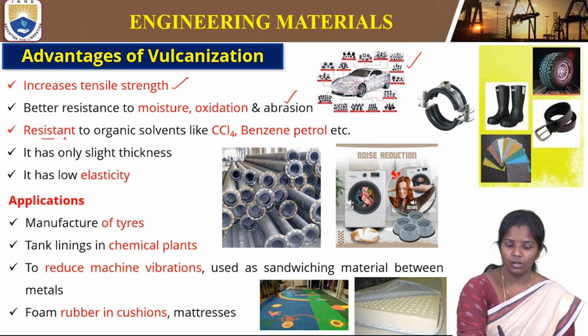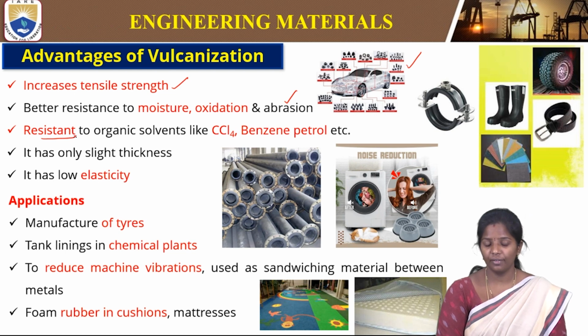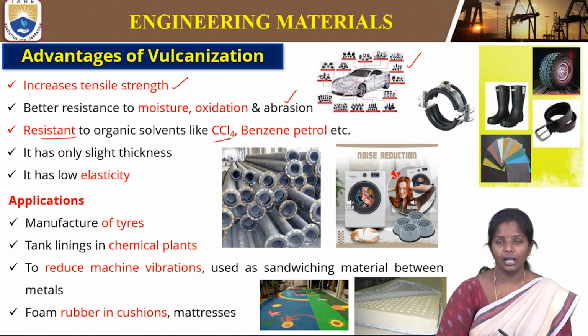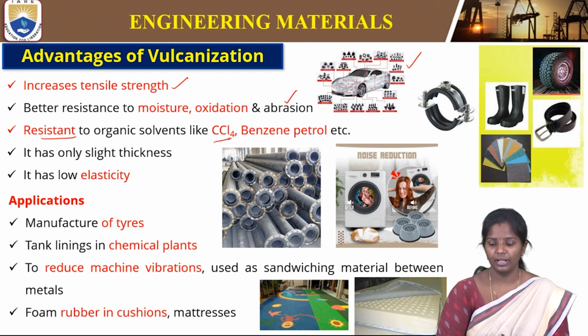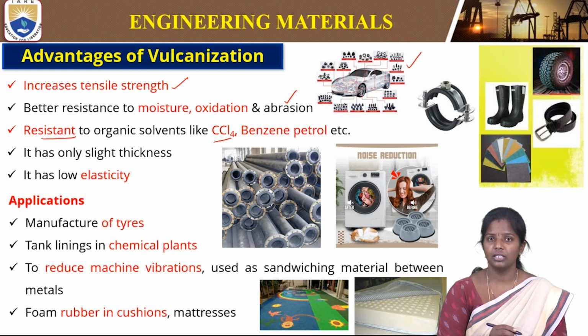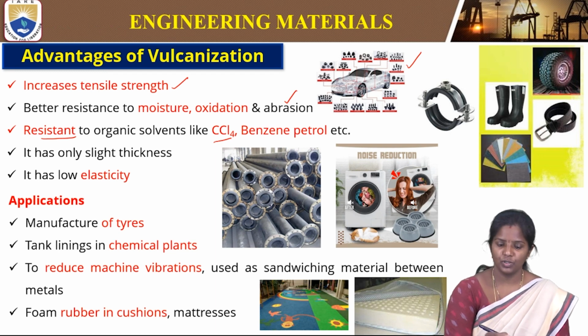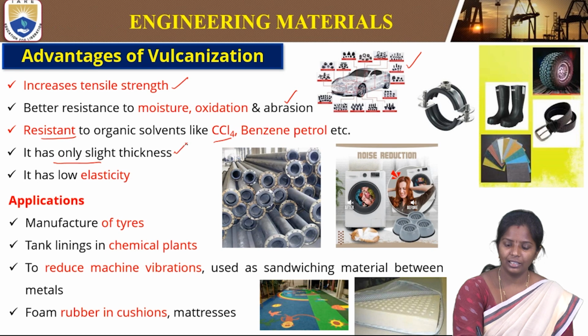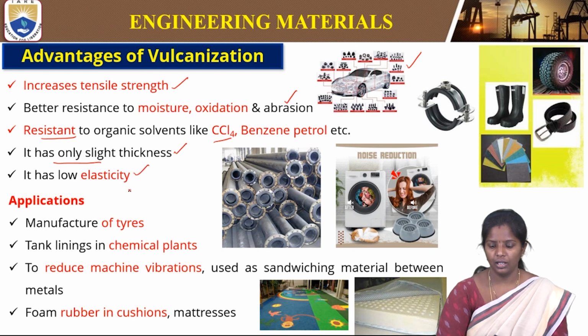It is also resistant to organic solvents like carbon tetrachloride, benzene, petrol, etc. These are good properties that a rubber can possess if it is introduced with sulfur. It also has slight thickness and low elasticity. So these are some of the properties.